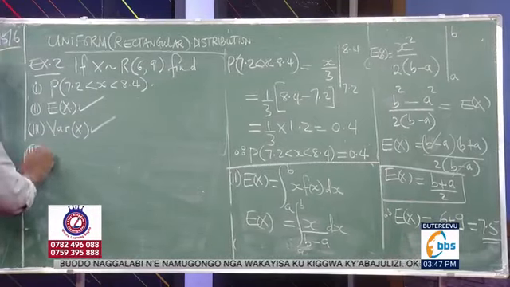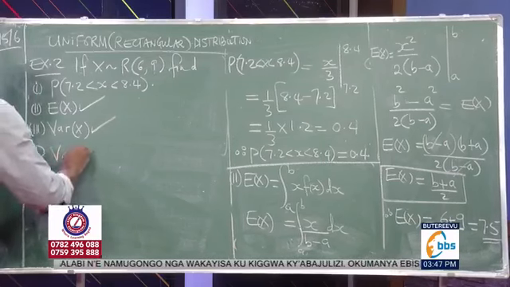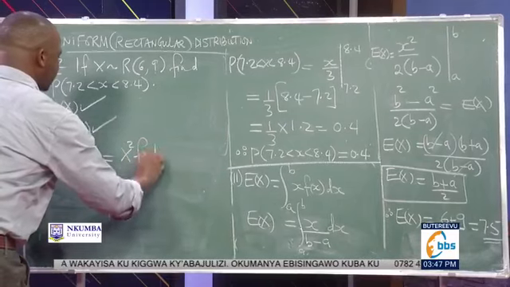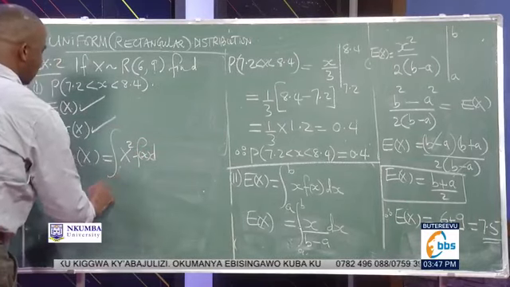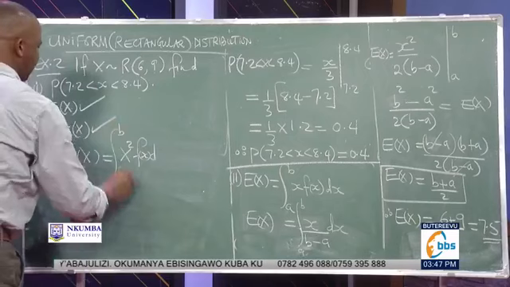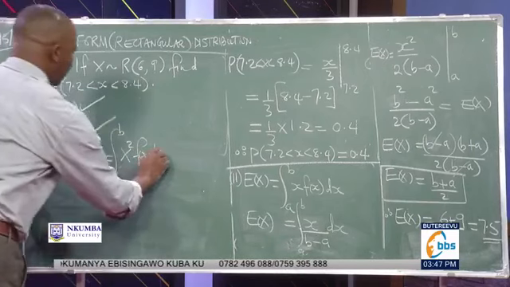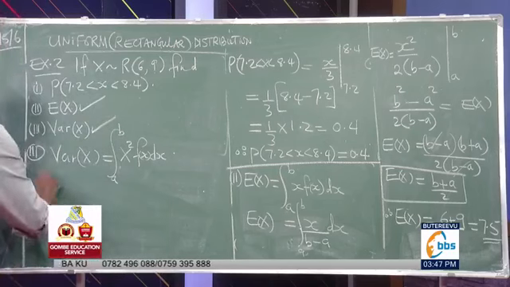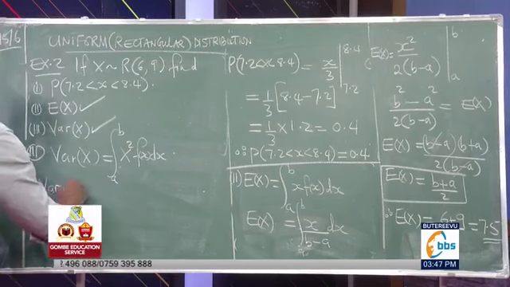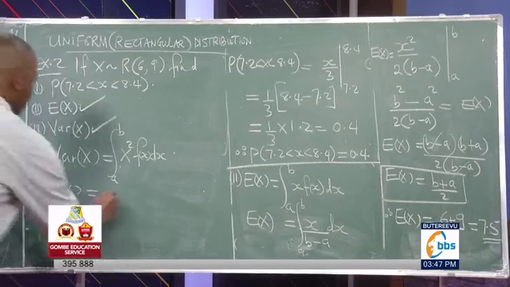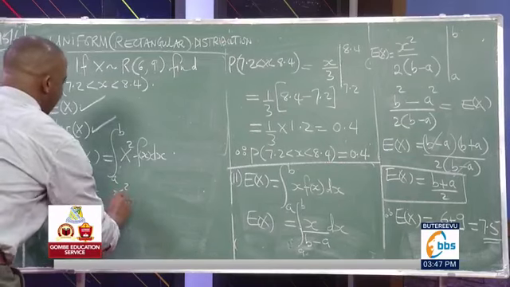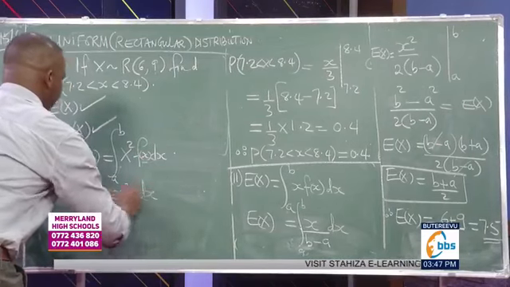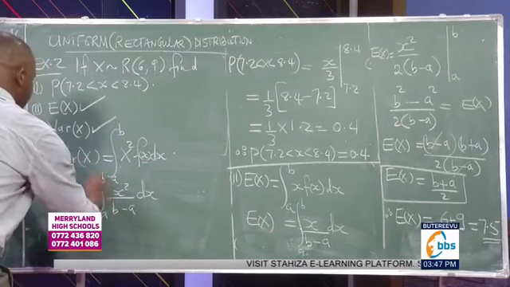Part 3, variance of x will be given by the integral of x squared f of x dx, in this case from a to b again. So if we repeat the same variance expression, the general one, it will be x squared over b minus a, that is the f of x, dx, and we are supposed to integrate from a to b.